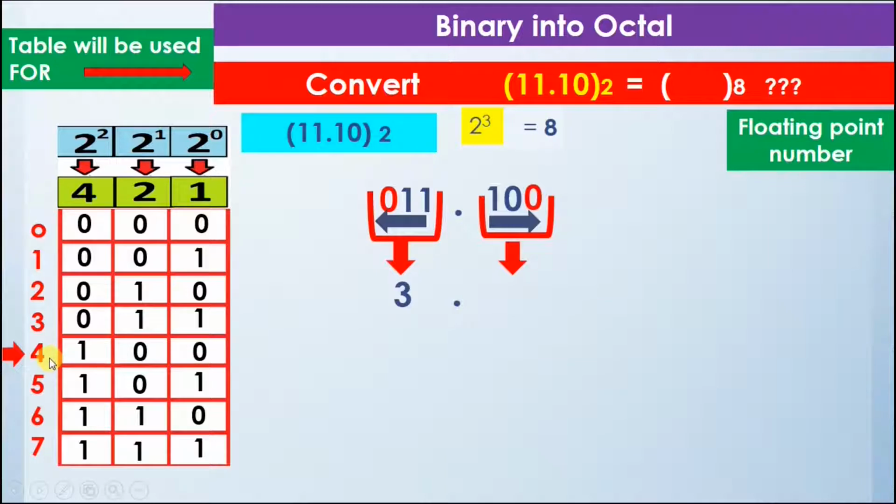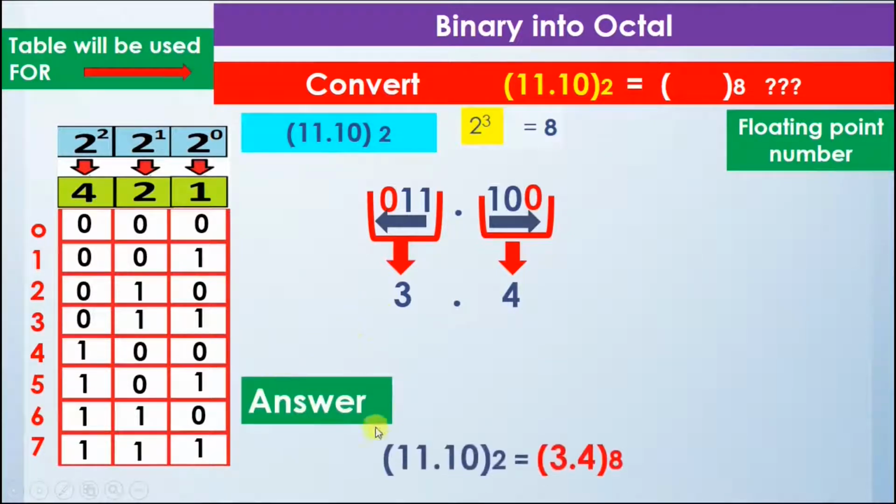That is 4. So we will write 4 here. So finally, we can say that the number 11.10 in binary is equal to 3.4 in octal. So 3.4 is the final answer, and that is the octal number that we needed to calculate.